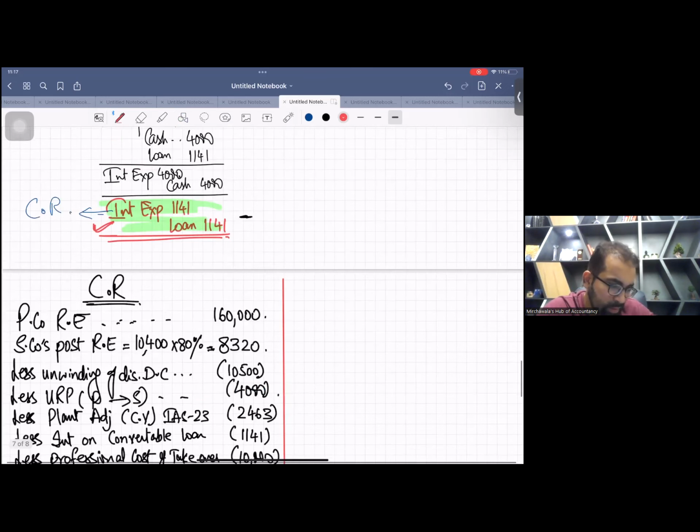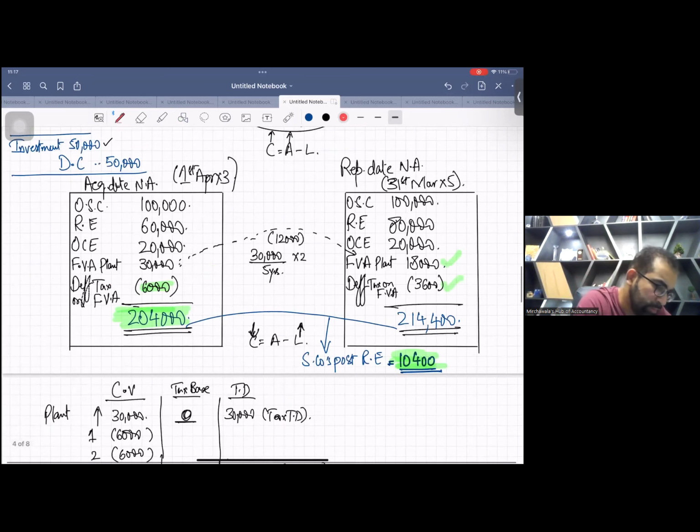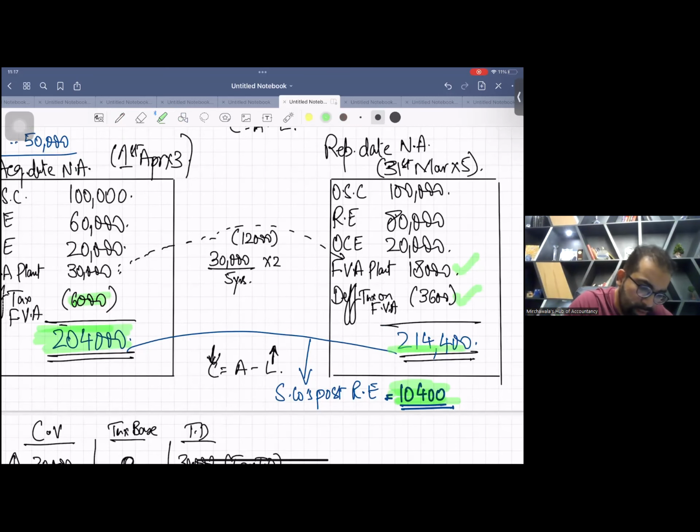Can you see this packet? Just this packet. S company's reporting date net assets multiplied by 20%. That's it. That's your NCI. No need to do a detailed process.